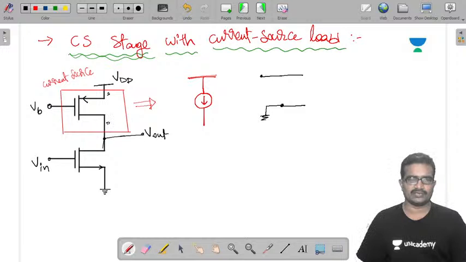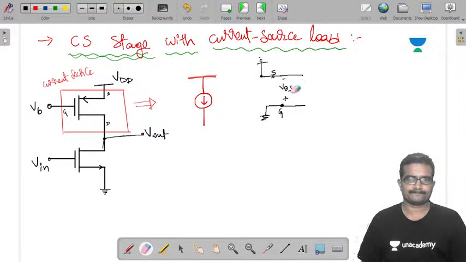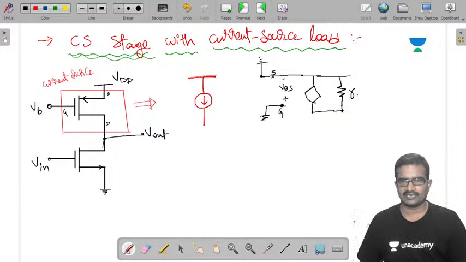Between gate and source we have VGS. Gate current is 0, that's why it is open circuited, and here is your small signal equivalent, connected to R0, the output impedance of this, or you can call it RD.